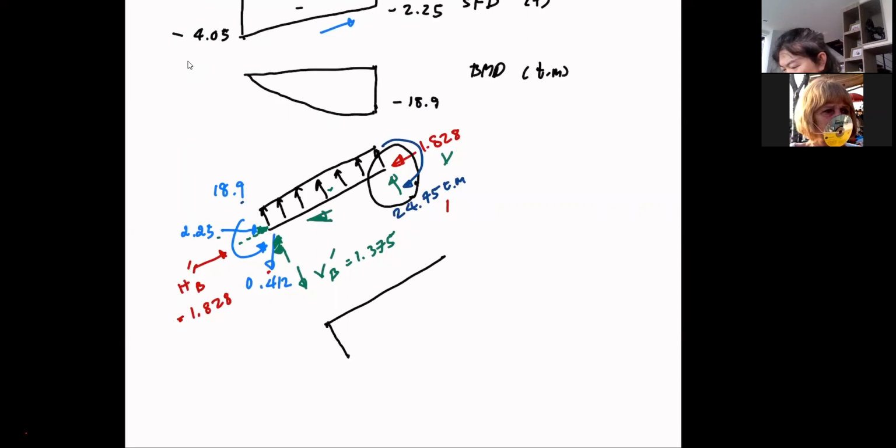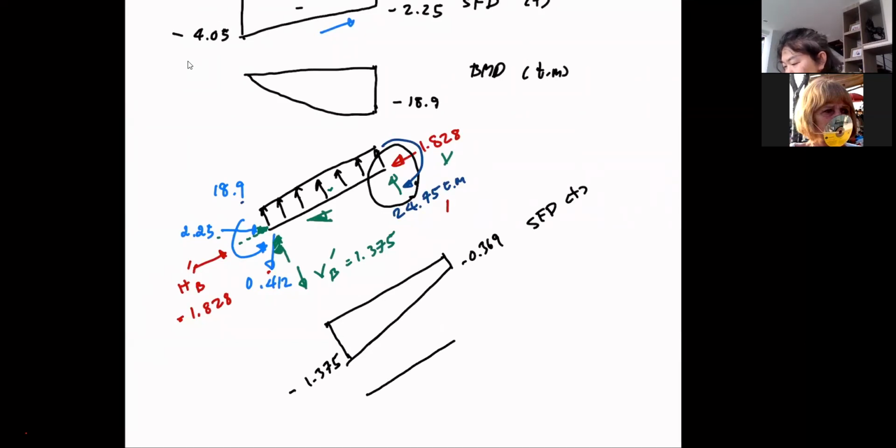And then you have the upward uniform load that goes up. Okay, that's 1.375, and that's minus 3.69.